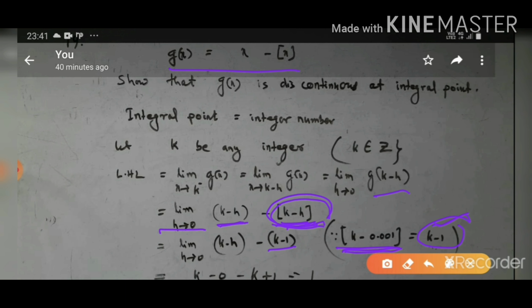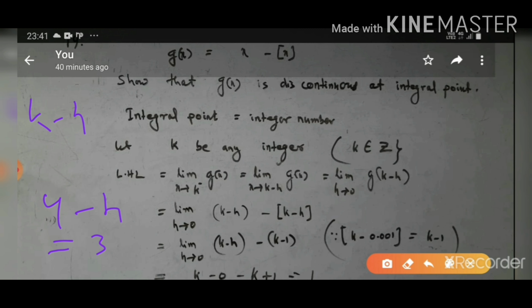If you take 3 minus h, that is 2. Similarly, 4 minus h gives 3. So when h is subtracted from k, the greatest integer is k minus 1.